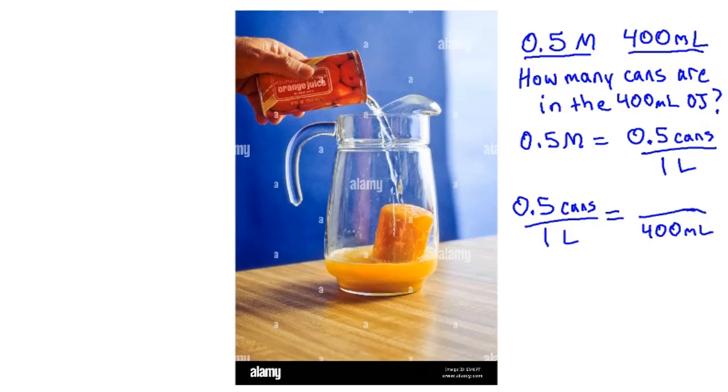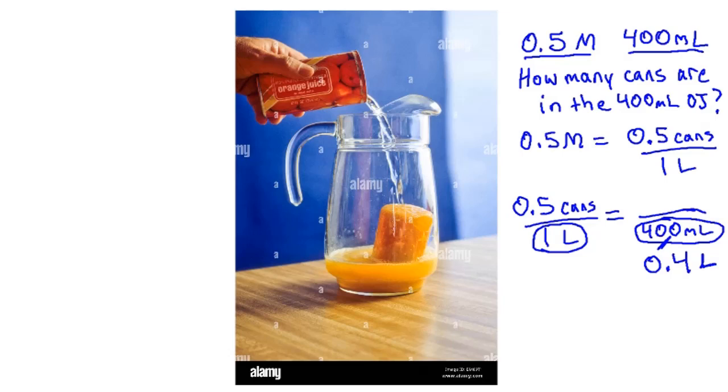Well, first we have to look at this. We have 1 liter here and we have 400 milliliters here. So we need to change this 400 milliliters into liters. So 400 milliliters is the same thing as saying 0.4 liters.